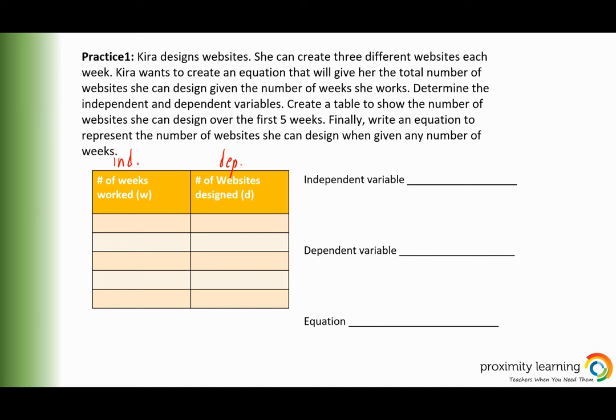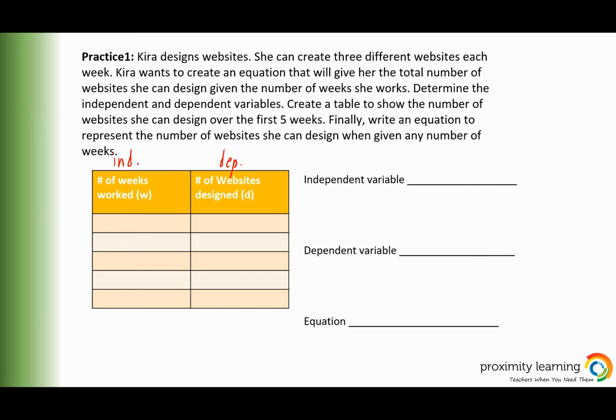So we can go ahead and establish our independent and dependent variables immediately out of the gate. But just in case you don't get a chart, remember time. Time is generally a great starting point for independent variables. And this time, Kira wants to create an equation that will give her the total number of websites she can design given the number of weeks she works.